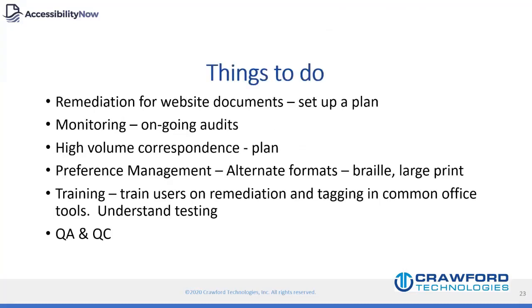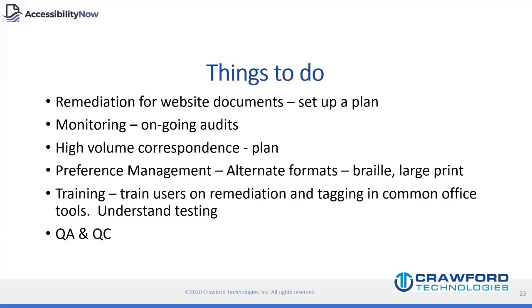Which leads us into thinking about things that need to be done when creating a plan for document accessibility. Obviously, it's determining whether remediation is needed for website documents, for any other kind of documents that are included in an environment, whether they are archived or readily available.